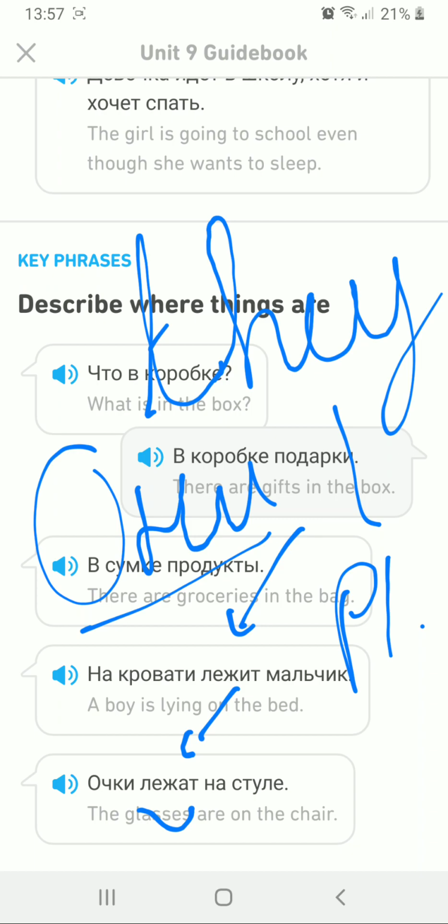So очки means glasses, and as you can see, на стуле, the ending changed to е instead of стул. So it's стуле, на стуле.